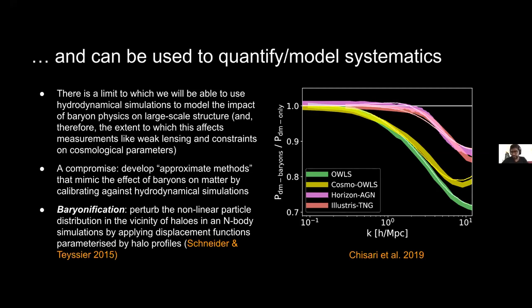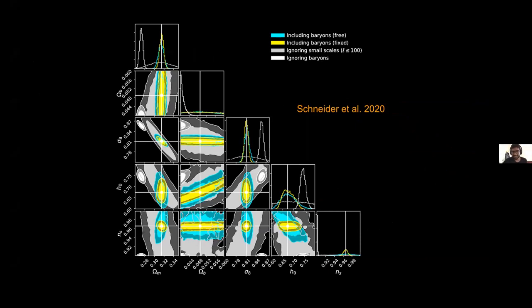So an example of this process is shown on the right-hand side, where, again, this shows the power spectrum response, as shown before. The colored bands show the predictions of the simulations themselves, and the lines are predictions of this baryonification model, where the parameters are calibrated so as to reproduce the gas profiles measured in these simulations. And the benefit is you can then do parameter forecasts to see how biased you would actually be in trying to estimate cosmological parameters from observations, depending on whether or not baryons are included in your analysis.